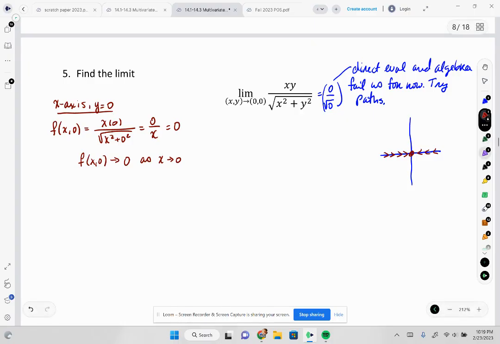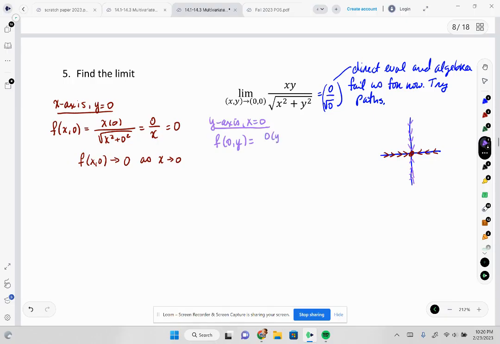All right, now let's move to the y-axis and see if we get the same thing. On the y-axis, we have x equal to 0. So we're going to look at f(0, y), which means we replace all x's with 0.